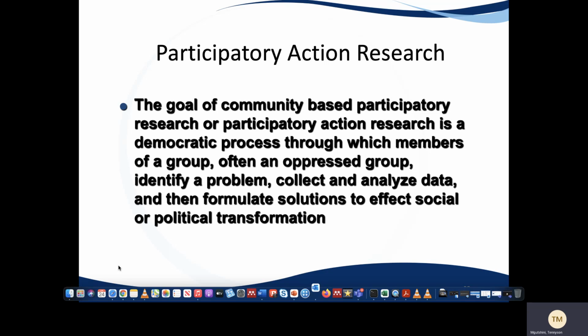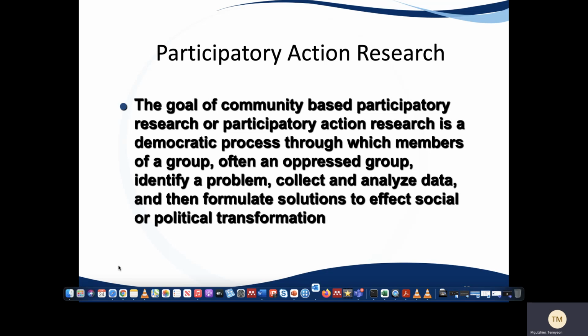So the next type of qualitative tradition is this tradition that they call participatory action research. This is a fairly new type of research, and really the goal of it is to engage those people who are affected by your phenomena of interest in some democratic process through which they, as members of the group, will identify a problem, collect and analyze the data relating to that problem, and then formulate solutions to effect social or political transformation.